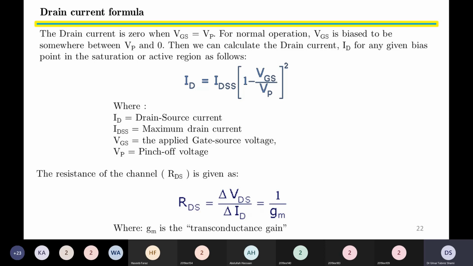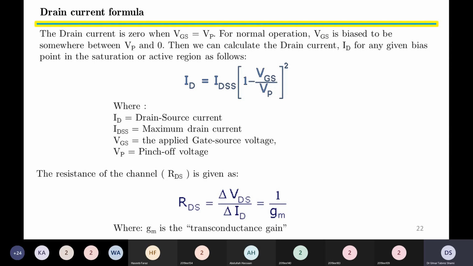However, this formula is only applicable for any given bias point in the saturation or active region. So in this formula we see that the drain current is a function of the gate source voltage, because in this formula all other things are constant except for VGS.